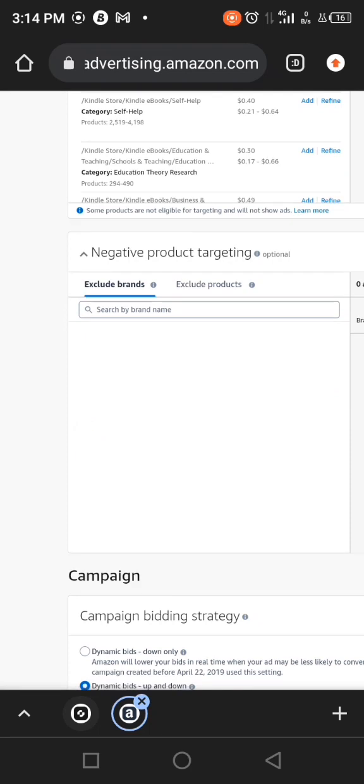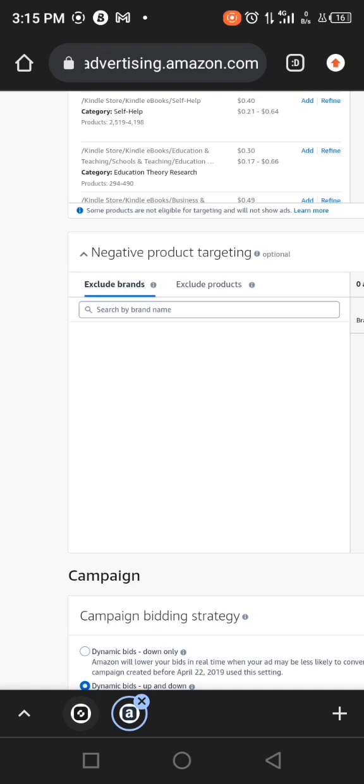Then negative product targeting is where you're showing Amazon pages where your book should never show. For example, if someone comes onto Amazon looking for a book that is for free, they could just search for free books on romance. You don't want your book to ever show for free books, because your book is not for free.